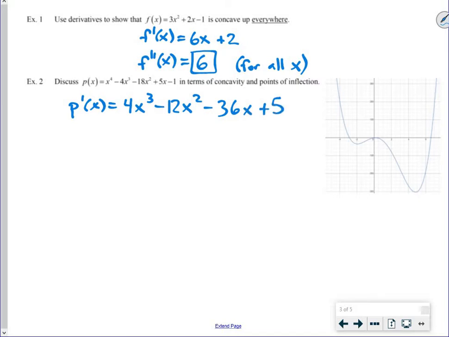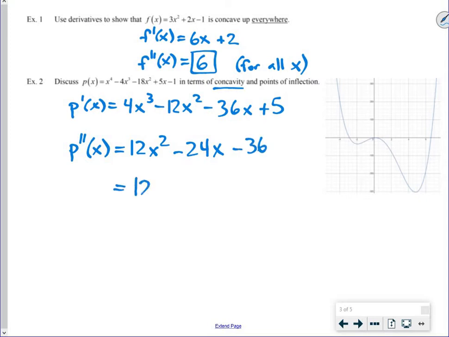So there's the first derivative. And we're looking at concavity, so we should take the second derivative. So that'll be 12x squared minus 24x minus 36. You can factor a 12 out of that, leaving you with x squared minus 2x minus 3.